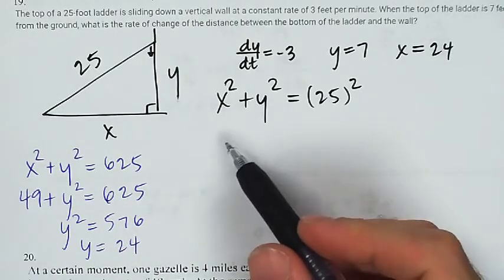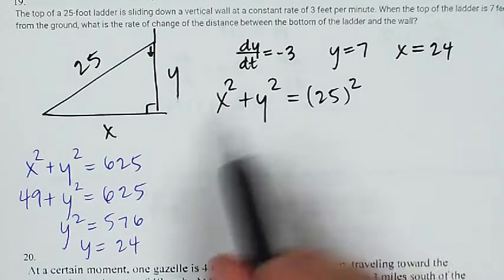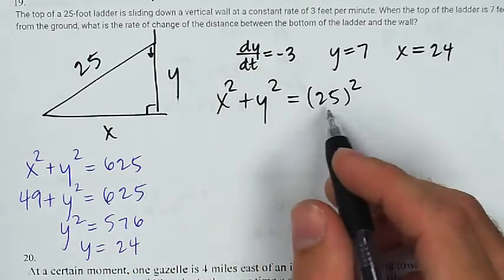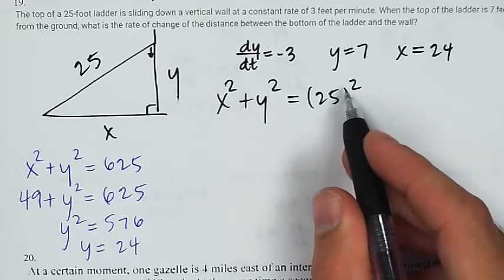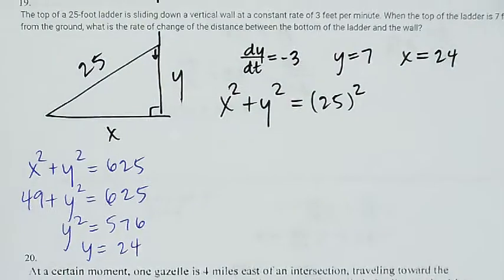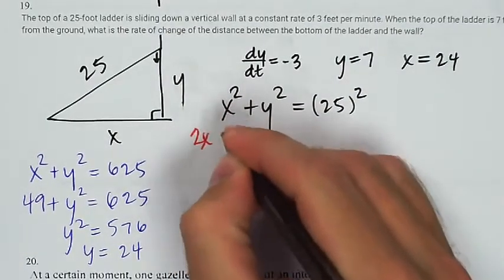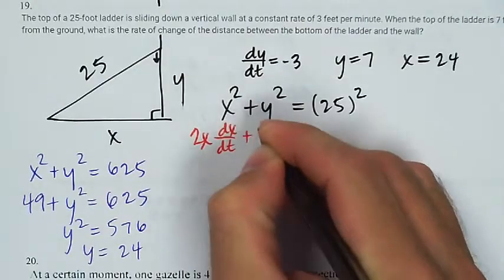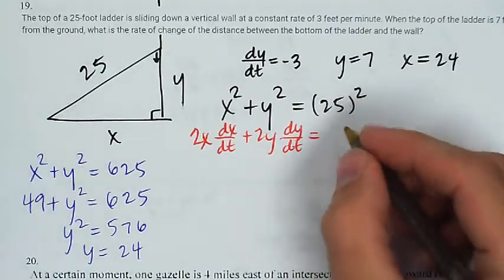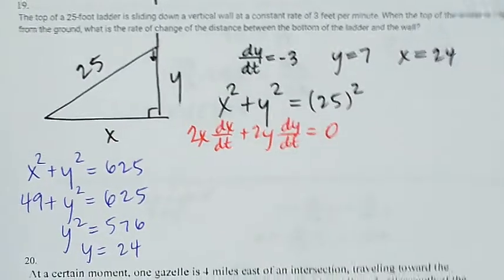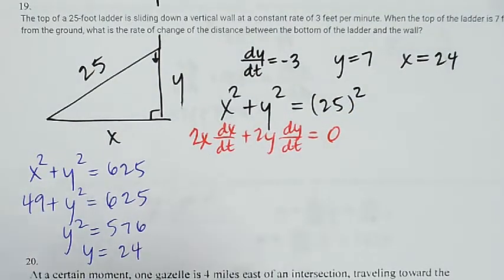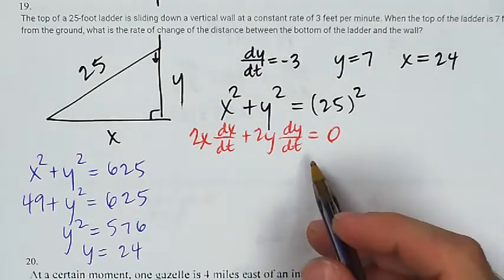But for this part, you'd actually be fine to leave it like this. Because if I take the derivative with respect to time, I get 2x dx/dt plus 2y dy/dt equals the derivative of this number with respect to time, which has got to be 0 because it's constant. It didn't matter that I didn't know what 25 squared was. That didn't play in at all.